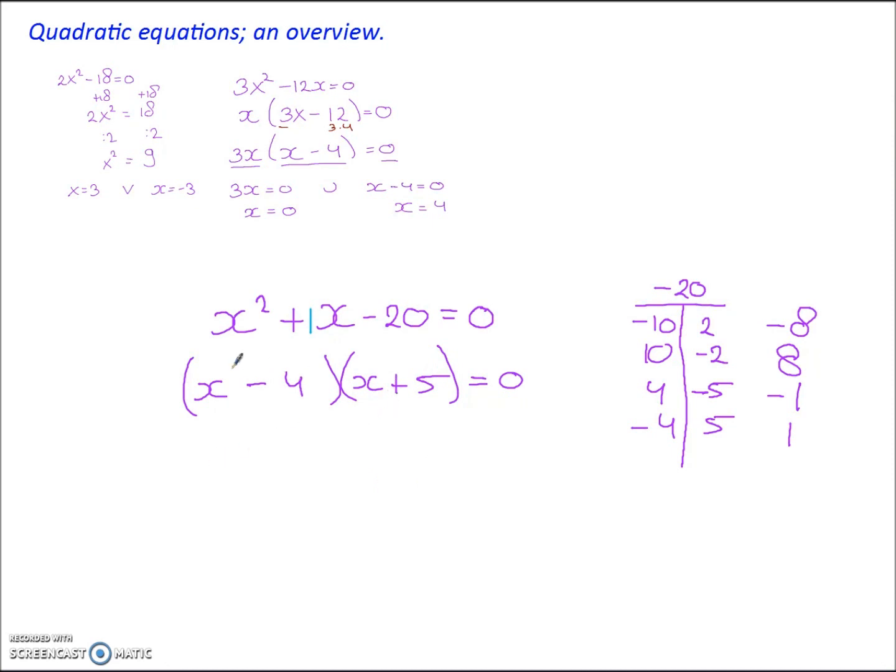Again, we use the little trick, something times something is 0, so one of these things must be equal to 0. So either this one or this one. And we use one more step to actually solve it for x, giving me x is 4 or x is -5.